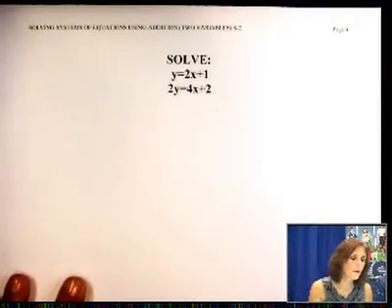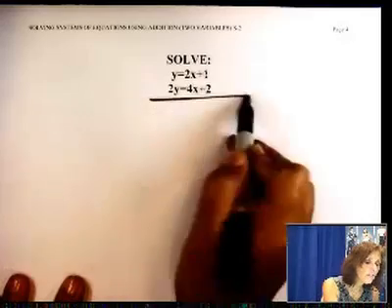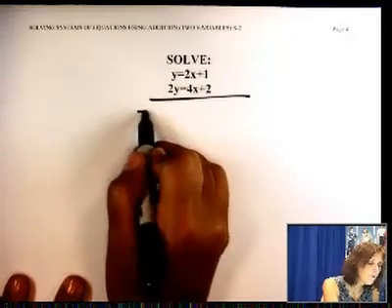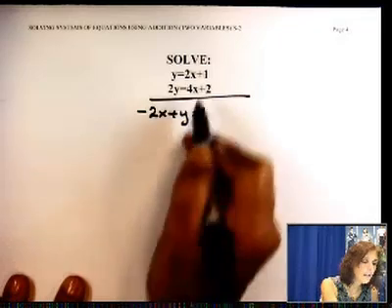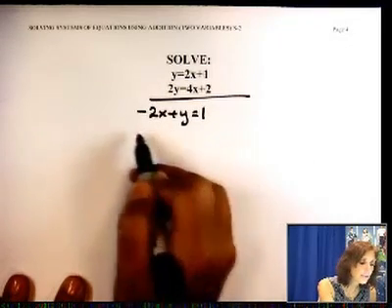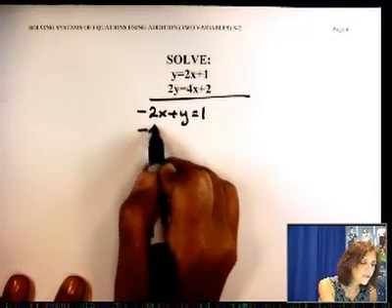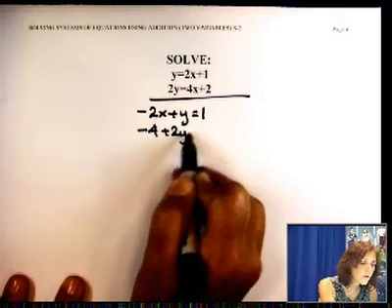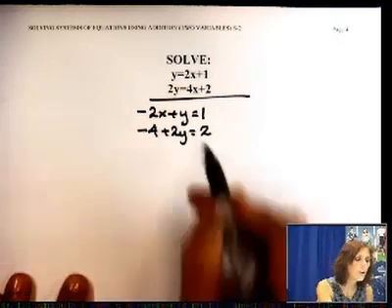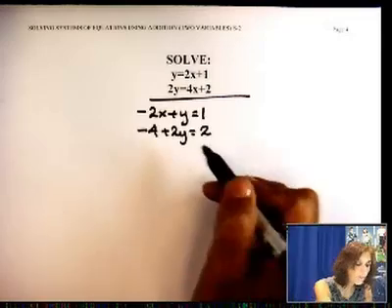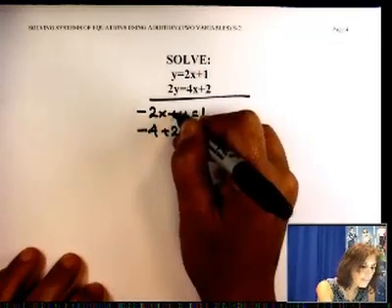Okay, let's do another one. Let's move everything to the left on the first one. Negative 2x plus y equals 1. Let's move everything to the left with the next one. Negative 4x plus 2y equals 2. I need to match the coefficients, and one coefficient has to be negative, the other one positive. So this one is positive 1, this one is 2.